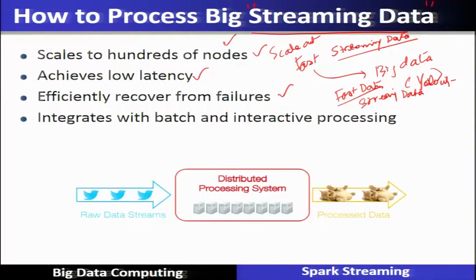Now, there is various interactive processing happening with streaming data, and this streaming data is also called fast data. Besides this fast data, sometimes we also require integration with another stream of batch data.